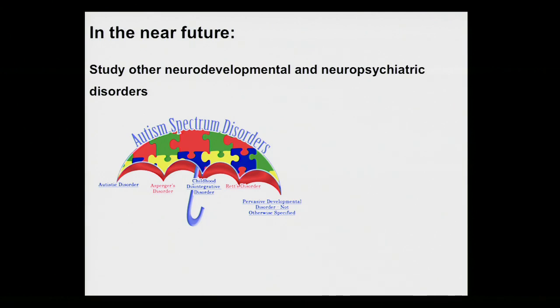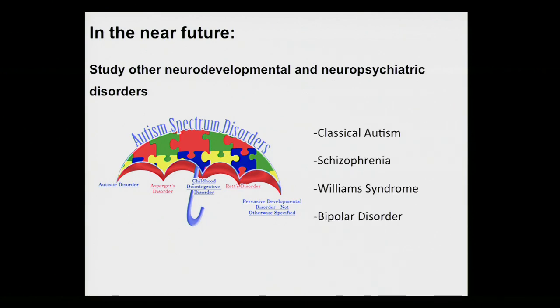So to date in the lab, we have brain cells from patients with classical autism, schizophrenia, Williams syndrome, that's in a collaboration with our own Ursula, and also bipolar disorder, and more to come, because we think that we could discover very basic disease principles at early stages that could give us insights, not only how the disease works or how it starts, but also how to prevent and treat.